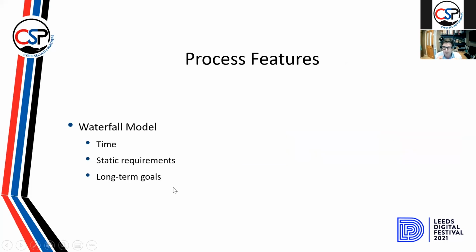And that is, quite often, the process used within what's called the waterfall method, the traditional approach to implementing solutions or services. The features of that model are great because you get lots of time.